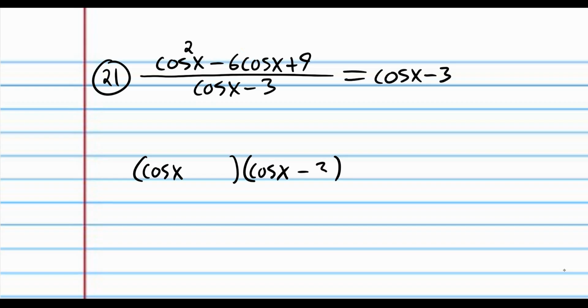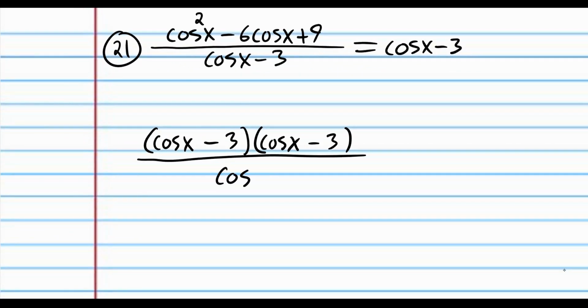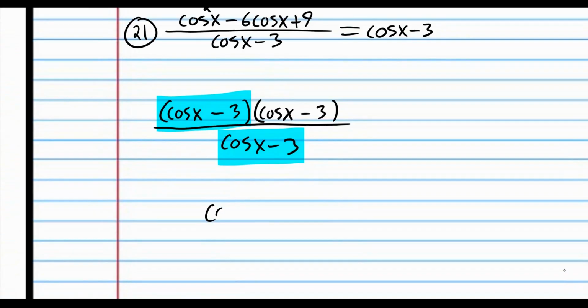So the answer is -3 and -3. You can see that we have a common factor, and you can factor the expression on the left or the right, it doesn't matter, but one of them is going to remain. So we're left with cosine x minus 3.